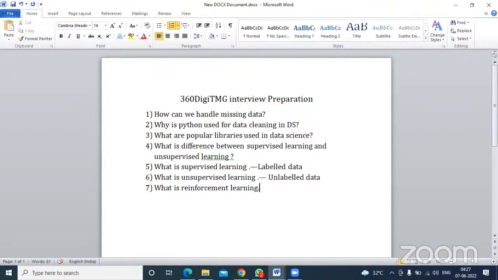What is reinforcement learning? There is no reply. Yes, friends, any reply?